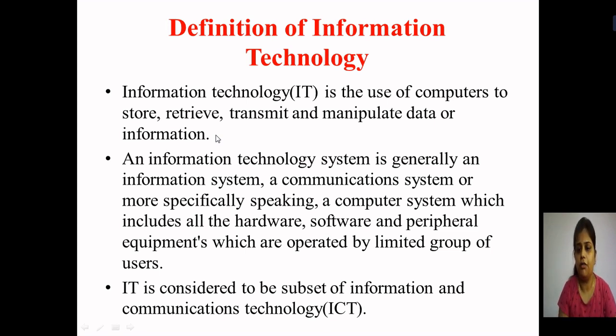So limited group of people can operate this type of system, which is made up of your computer system, which consists of hardware, software and different peripheral devices connected to it.